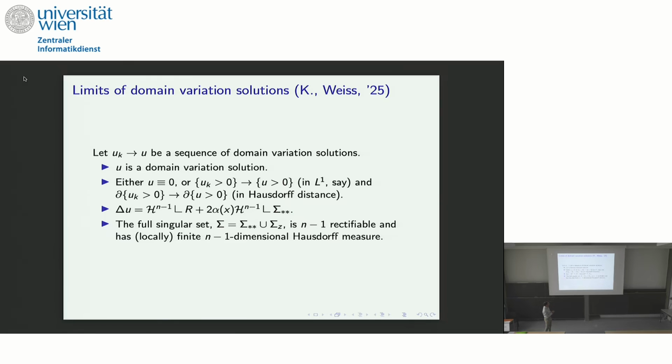So we don't prove that this degenerate singular set is just not there, but we do prove that it's at most n-1 dimensional. And since u is little o of r at every point there, to actually have a positive measure there and have u be little o of r means this set had to be larger than n-1 dimensional. And that's not the case. So that's why it's not there.